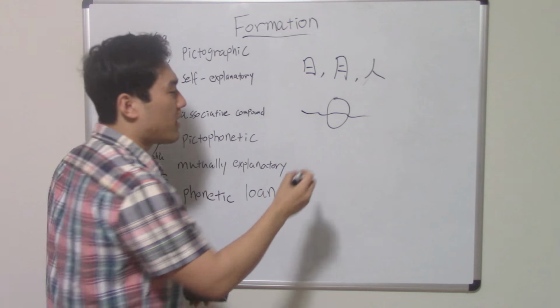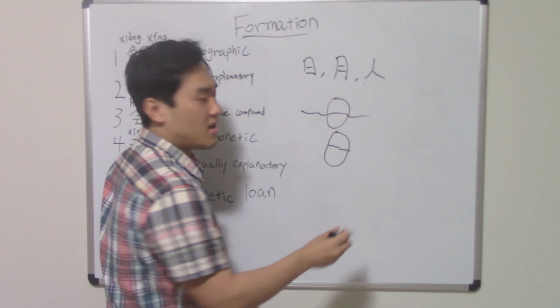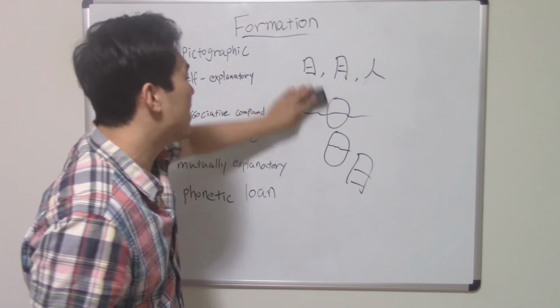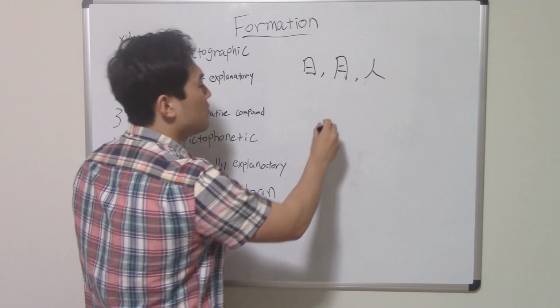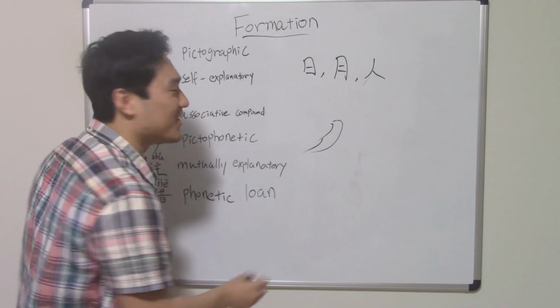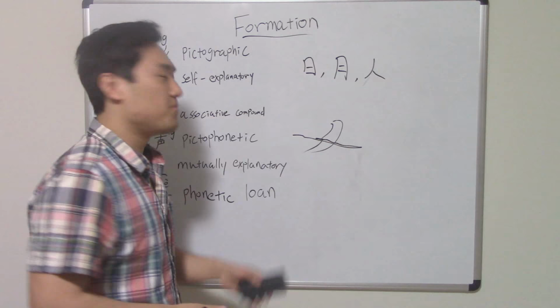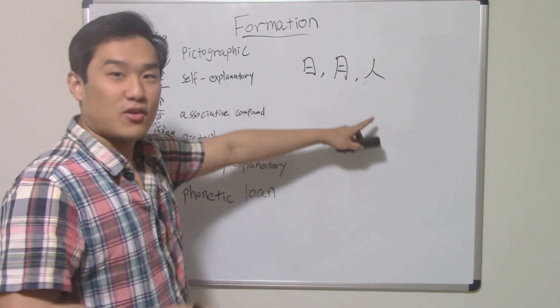As time goes by, it slowly becomes more like that, and eventually becomes the word sun. It's the same thing with moon, kind of like a banana, also rising above the horizontal line, and then it becomes the word moon. And the person, you kind of look like a person, doesn't it?